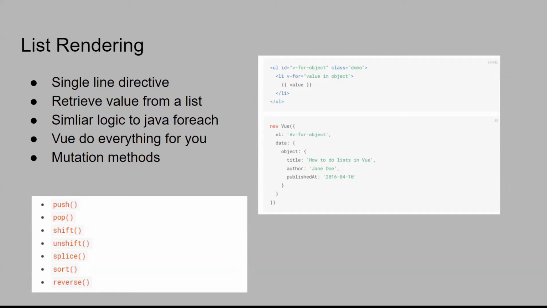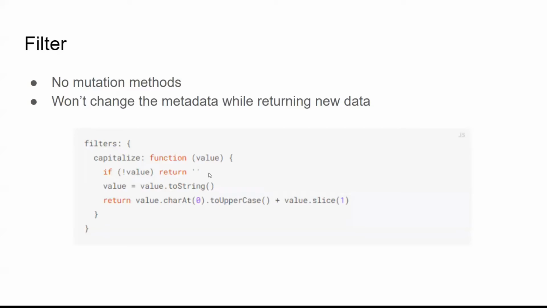We no longer need to write step-by-step instructions to teach the page how to work, but the framework does everything for you. And it also has different mutation methods to manipulate the list, like different Java methods in the list library. Finally, I'm going to talk about the new method called filter, and the power of filter is that it will return generated data that passed through a function without changing the original data given in the data object.